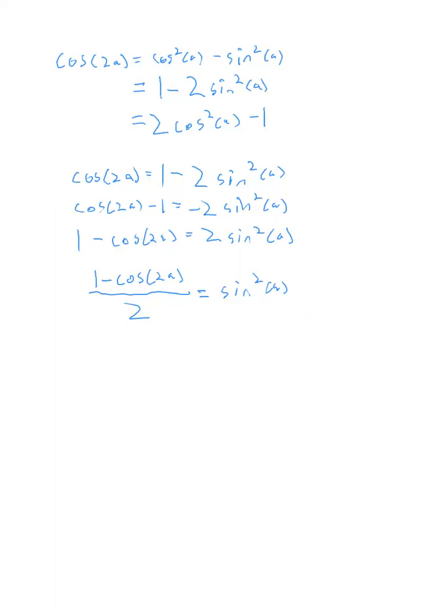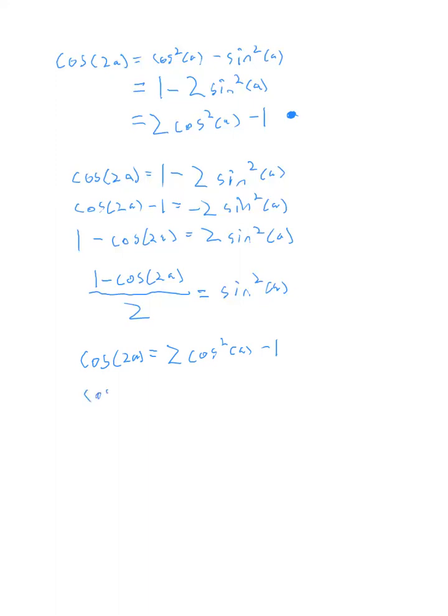The next reduction formula, involving cosine, comes from the third equivalence that I have up here: cosine of 2a is equal to 2 times cosine squared of a minus 1. I can do what I just did and solve for cosine squared.